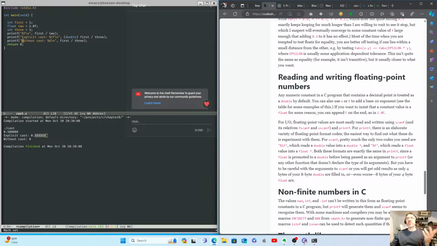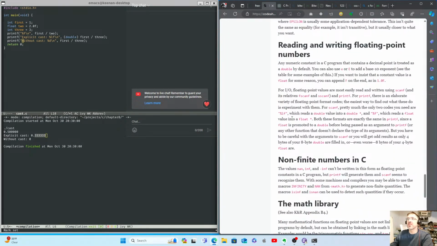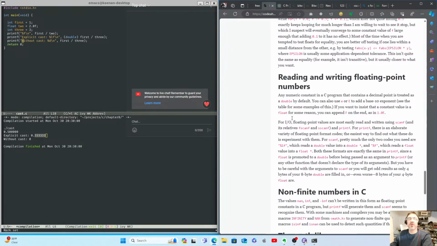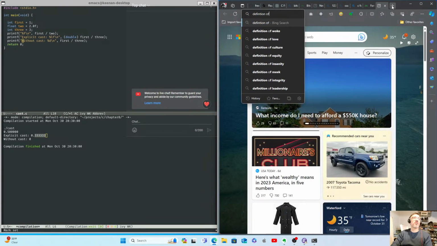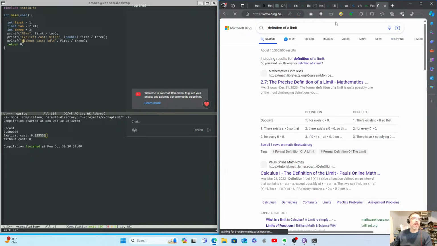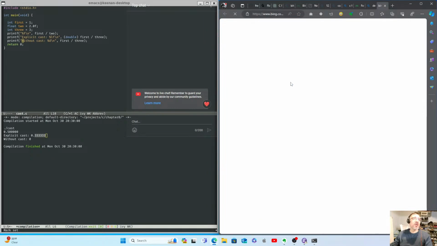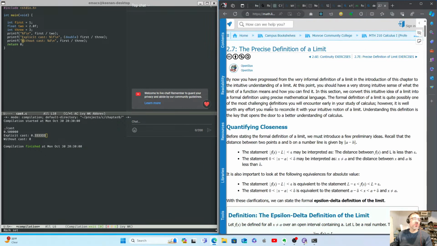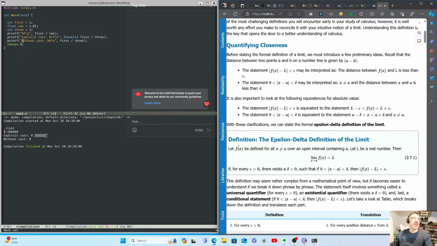So yeah, we remember that from definitions of limit, right? If you're taking calculus, we use epsilons in the proof for a definition of a limit. Let's look at it real quick. Definition of a limit: let f be defined for all x not equal to a over an open interval containing a. Let L be a real number.